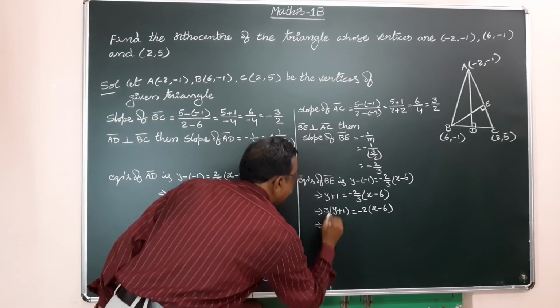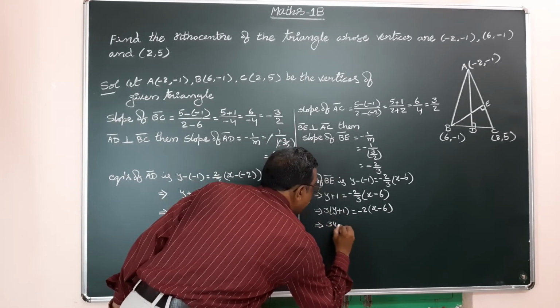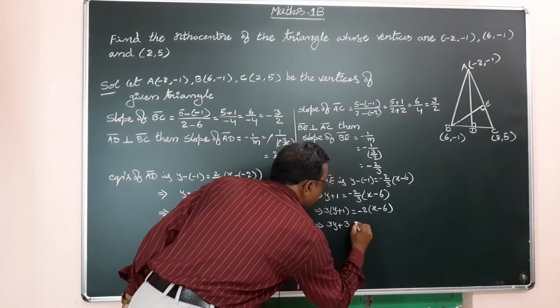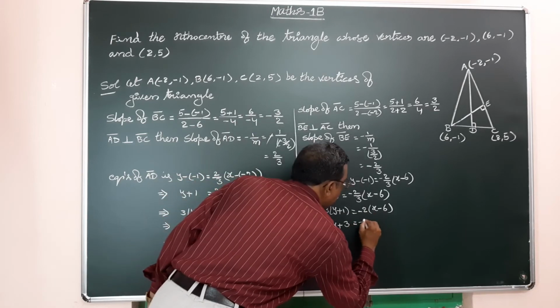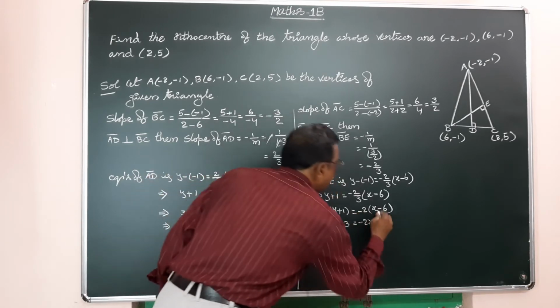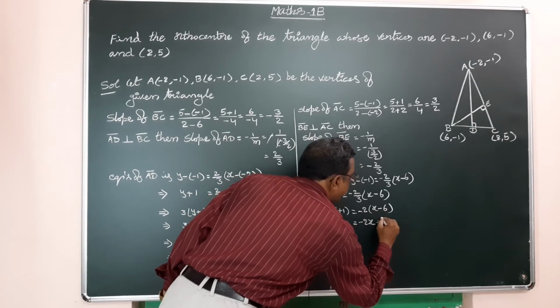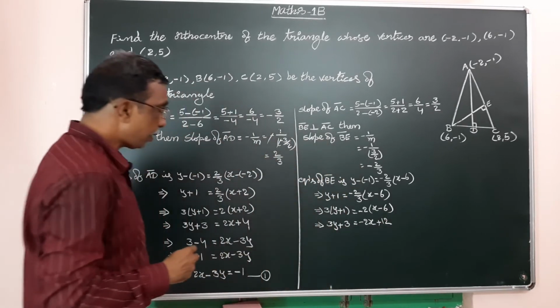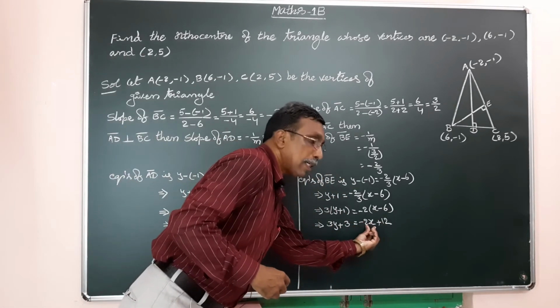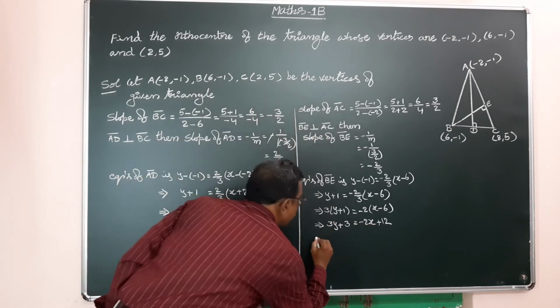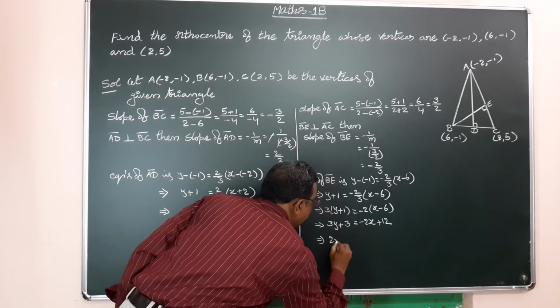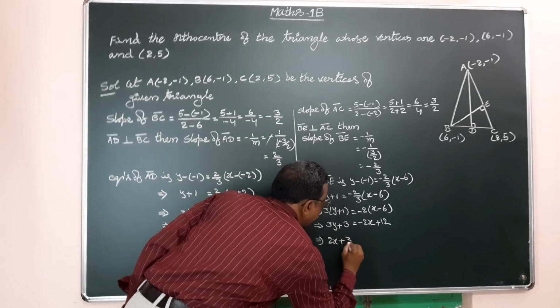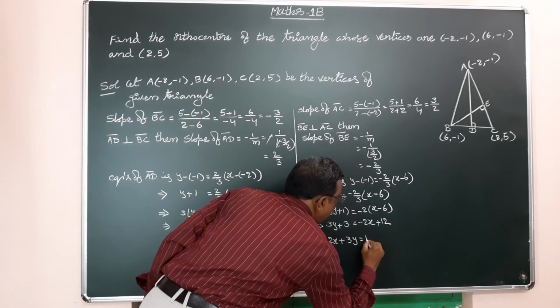That implies 3y plus 3 equals minus 2x, minus into minus plus 2, 6 are 12. Now we take this term, x, from RHS to LHS. That implies 2x plus 3y equals 12.